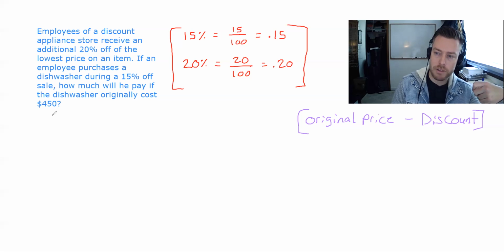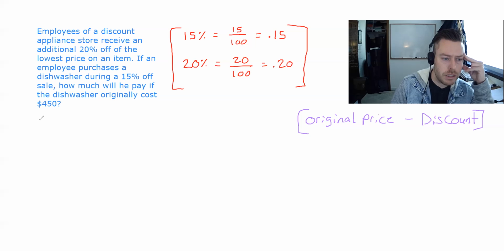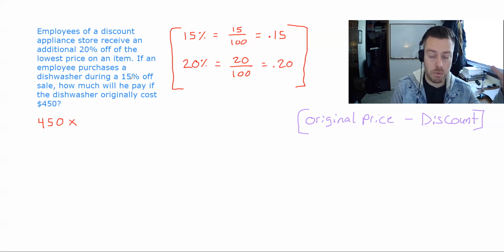So that means that we have to do two of these multiplications by percentages, if that makes sense. So let's do that. Remember, we're going to take our total price, which in this case was 450, and we're going to be multiplying it by 15% off because we want to figure out what is the price that the employee is looking at before the employee puts their own discount on it.